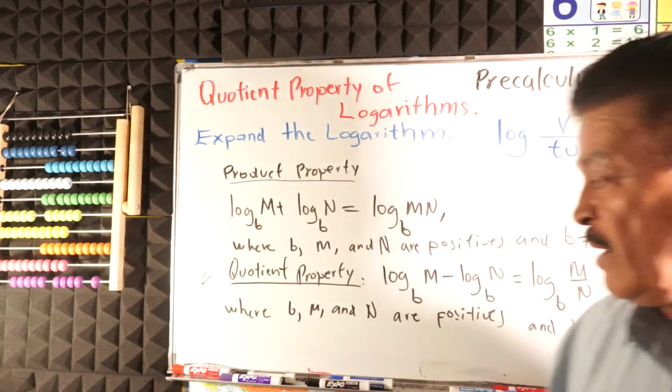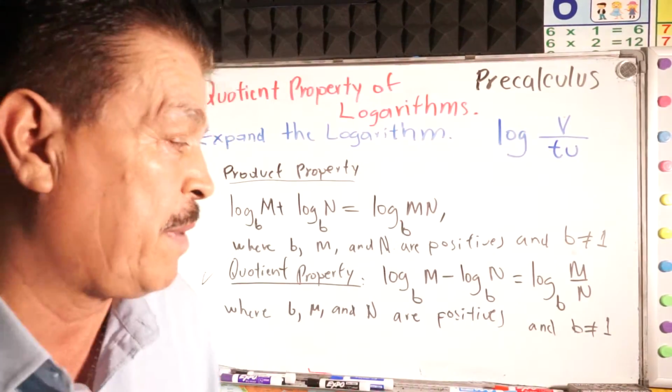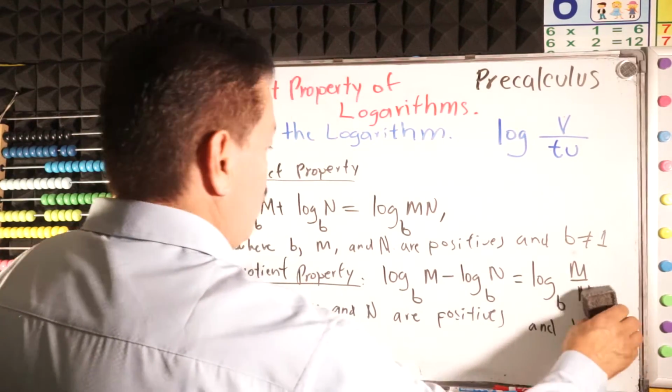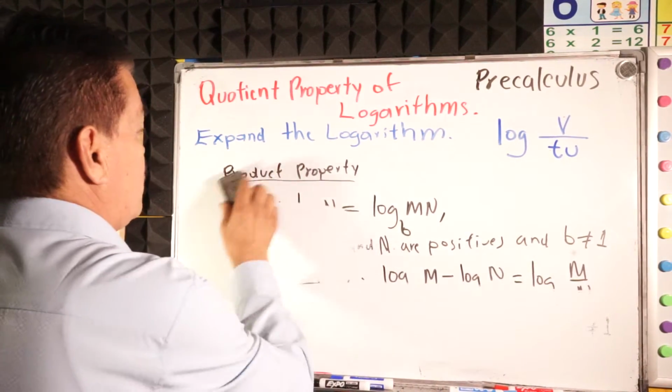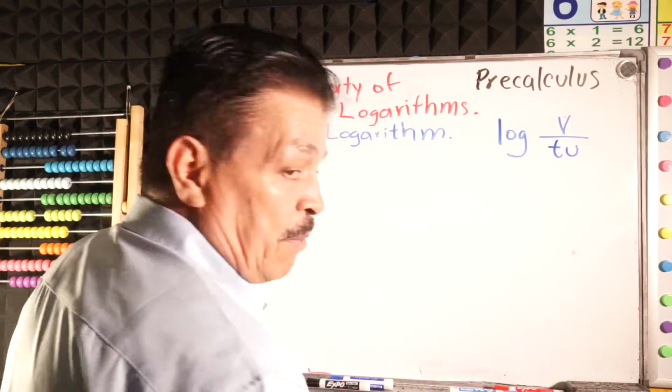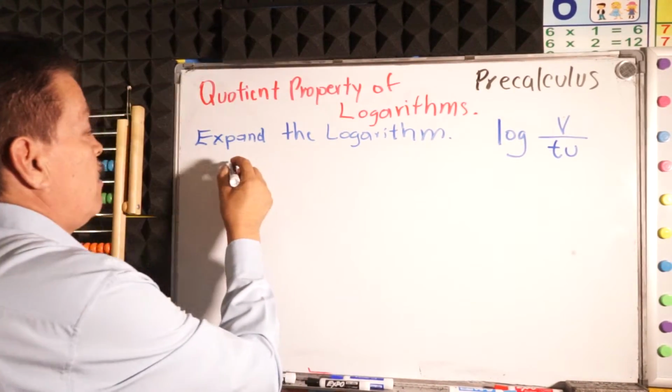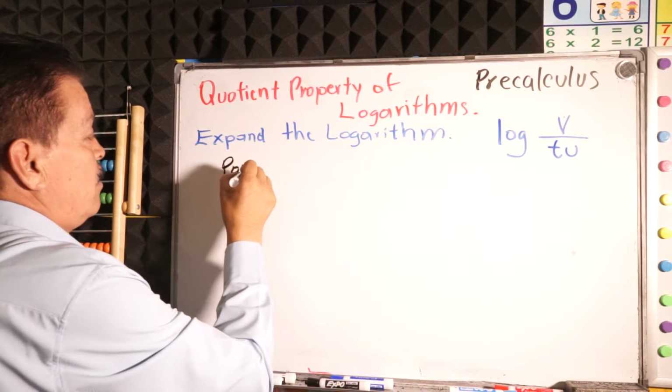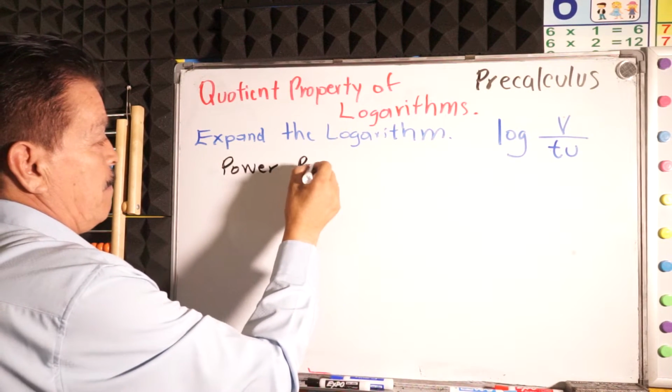All right. The next one, I want to remind you of the four main properties for logarithms. Another important one to memorize is the power property.